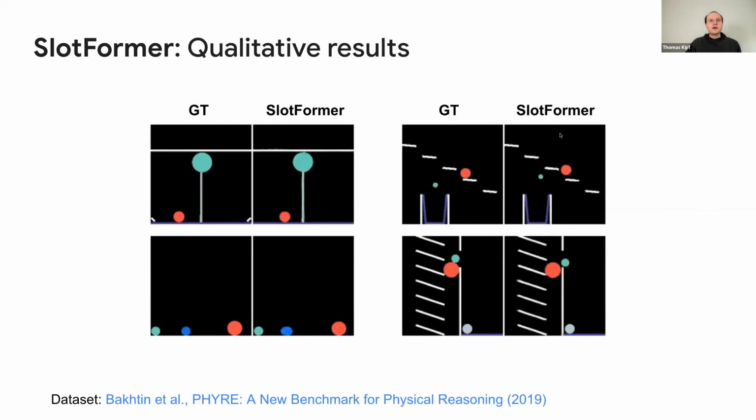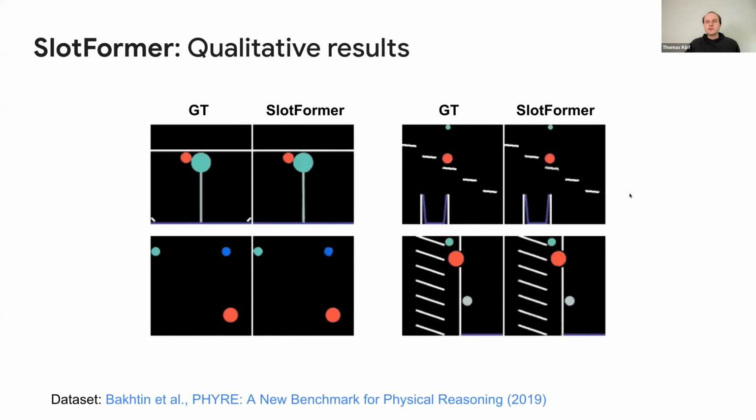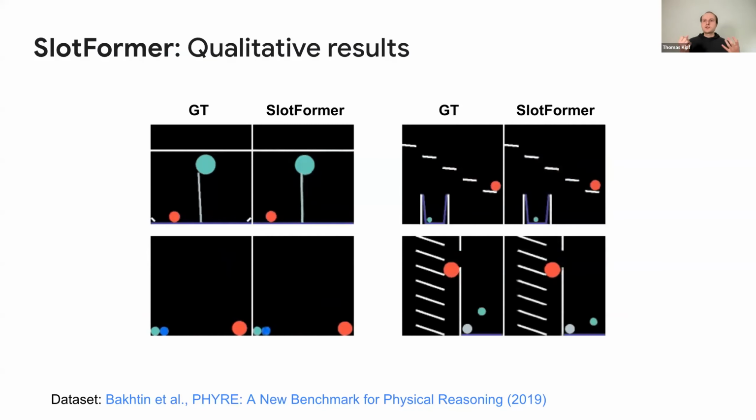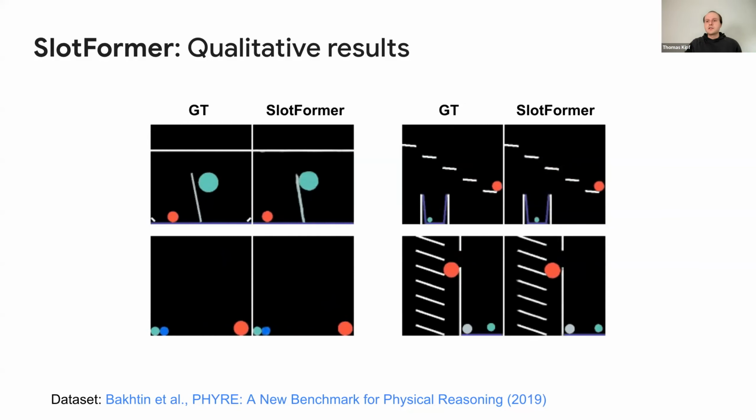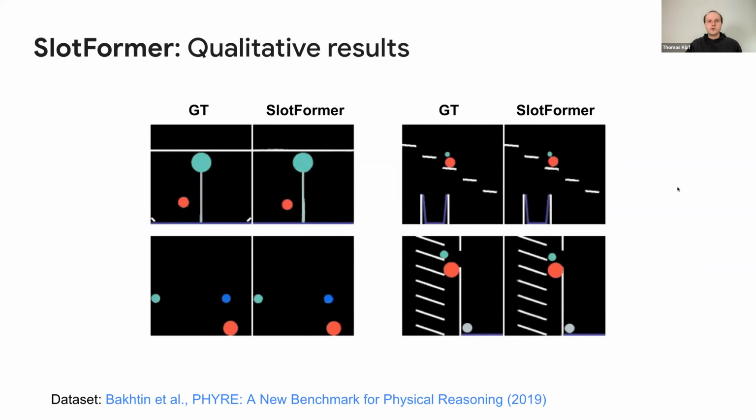And so just some visual results of what this looks like. You can see on the left-hand side always the ground truth, and on the right-hand side the SlotFormer predictions. And the model does a pretty decent job at getting the compositional dynamics, even though these are really compositionally complex test scenes that the model has never seen before.